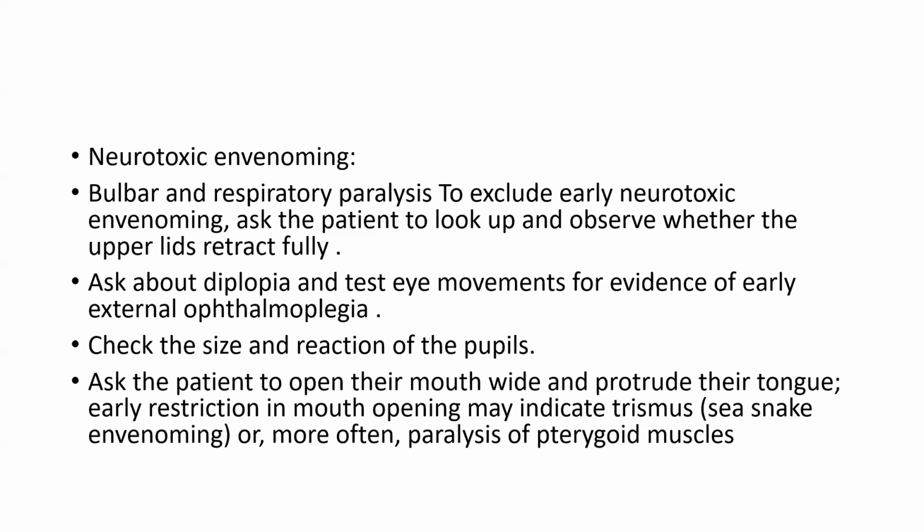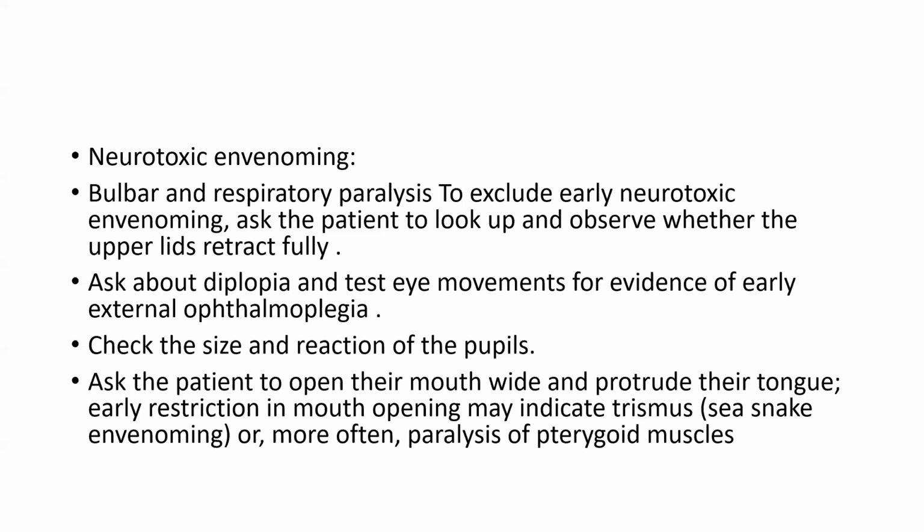To exclude early neurotoxic envenoming, ask the patient to look up and observe whether the upper lid retracts fully. Ask about diplopia, test the eye movement for evidence of early external ophthalmoplegia. Check the size and the reaction of the pupils. Ask the patient to open their mouth wide and protrude their tongue.